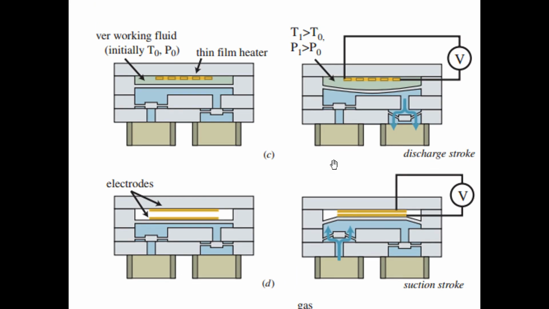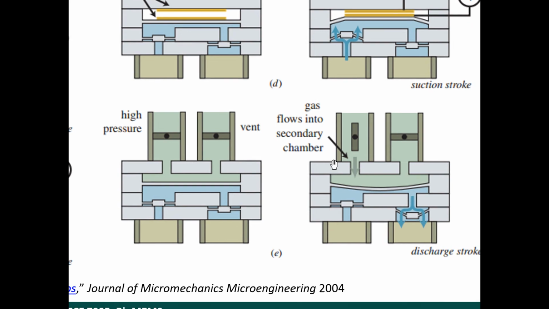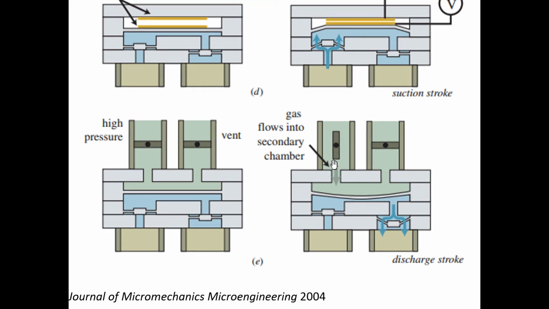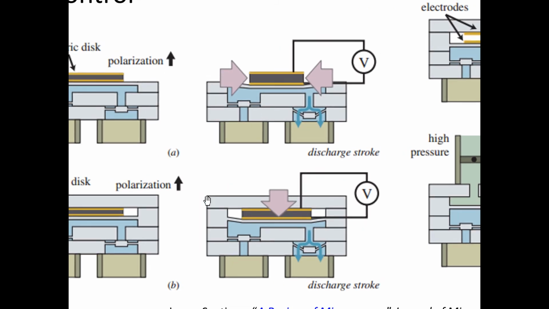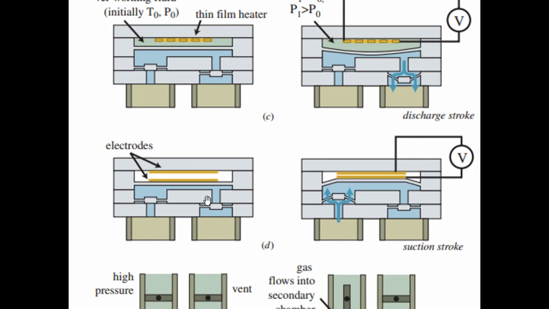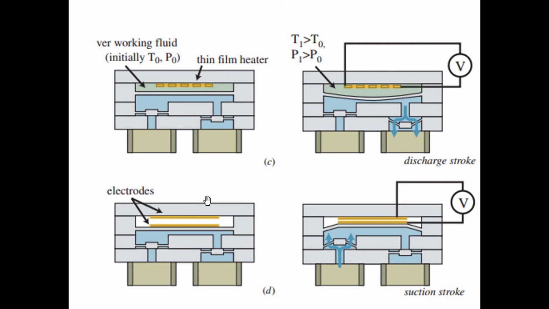All right. Now, the reason why the quake valves are very commonly used compared to these other technologies is because the quake valve has no expensive parts in it. Once you put a piezoelectric device in your pump, once you put electrodes or thin film heaters in your pump, it means you have to do a separate fabrication step.